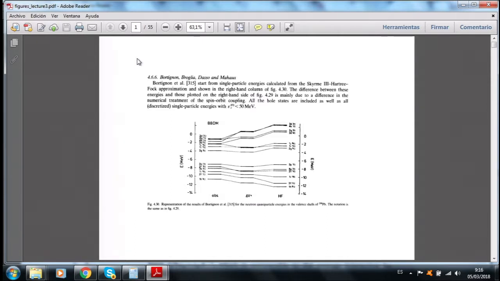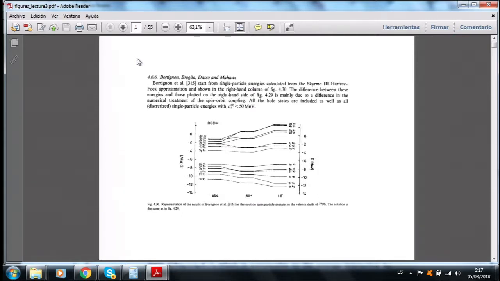And this is okay. But in this case, your comparison with the data depends, of course, very clearly on the starting point. If you start with another set of single particle levels, maybe the agreement wouldn't be so nice, or would be even better.